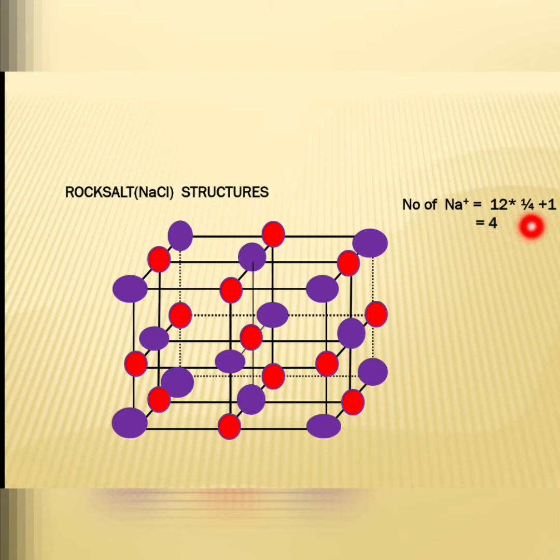That is 12 into 1 by 4 plus 1, which equals 4. So the number of Na plus ions in a unit cell is 4.